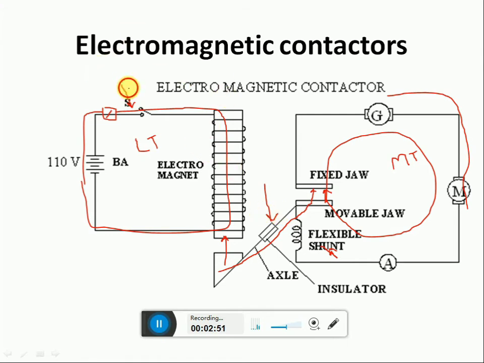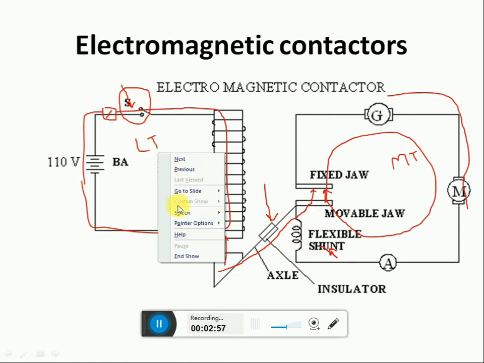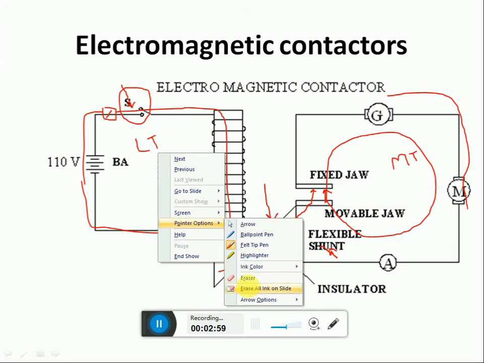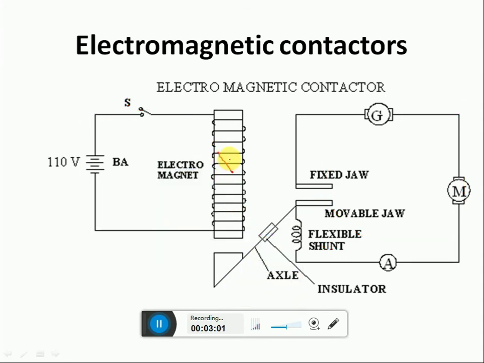Whenever we switch off in the LT circuit, the coil will become demagnetized. The armature will come to the normal position. Now the mobile jaw will come to the normal position. This contactor will open. Whenever a contactor opens, an arc will be produced.